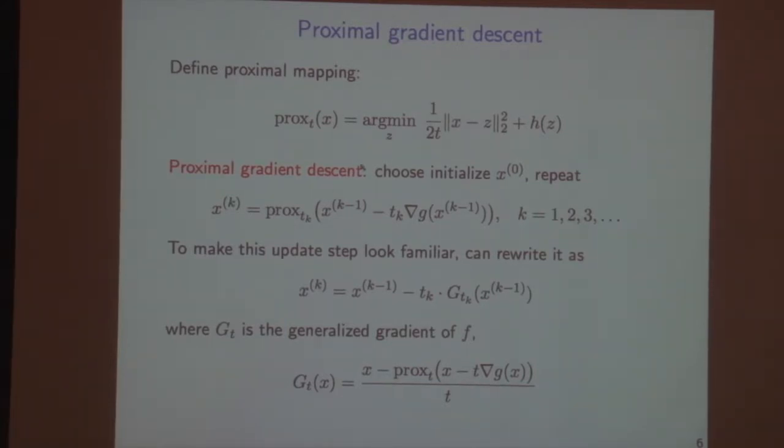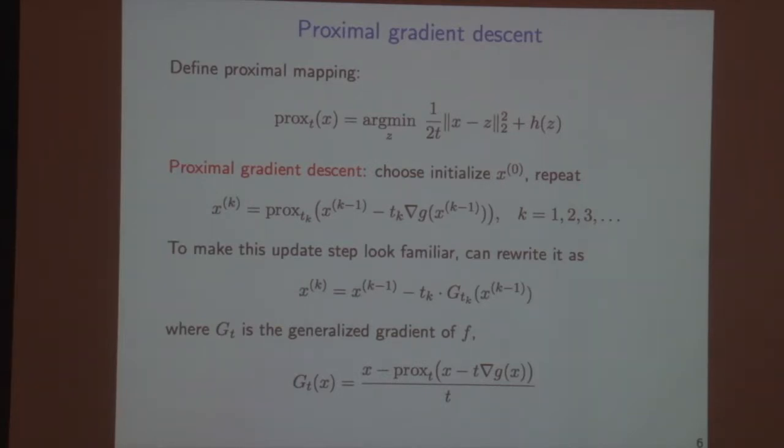It's defined up here. It's the minimizer of this problem: the point that's closest to its argument, once we scale the least squares term by 1 over 2t, and we add h of z. So this proximal operator tries to keep us close to the gradient update for g while still making h small. It's a balance between those two terms.